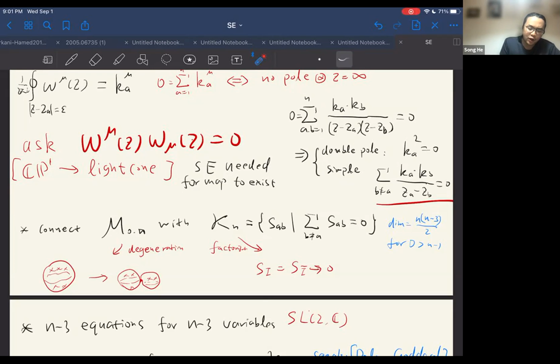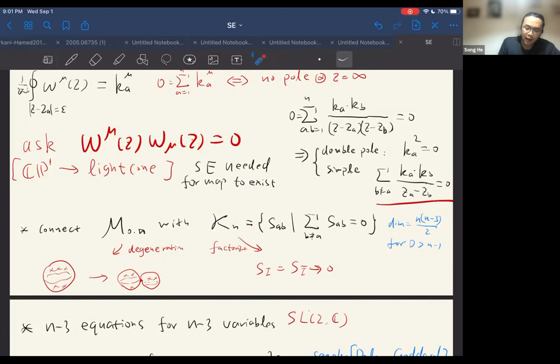Whenever you have a degeneration happening in the moduli space, namely the Riemann sphere degenerates into a product of Riemann spheres with fewer punctures, with a common puncture where they intersect, the equation relates to a configuration in kinematic space where some Mandelstam goes to 0, exactly the Mandelstam of those particles that belong to either one of the two smaller spheres. So each degeneration corresponds to a factorization on the kinematic side.